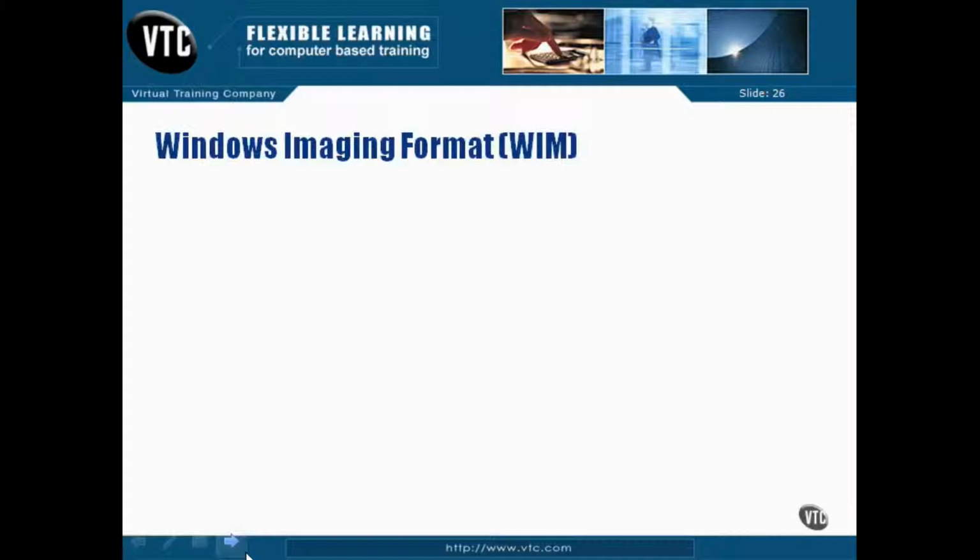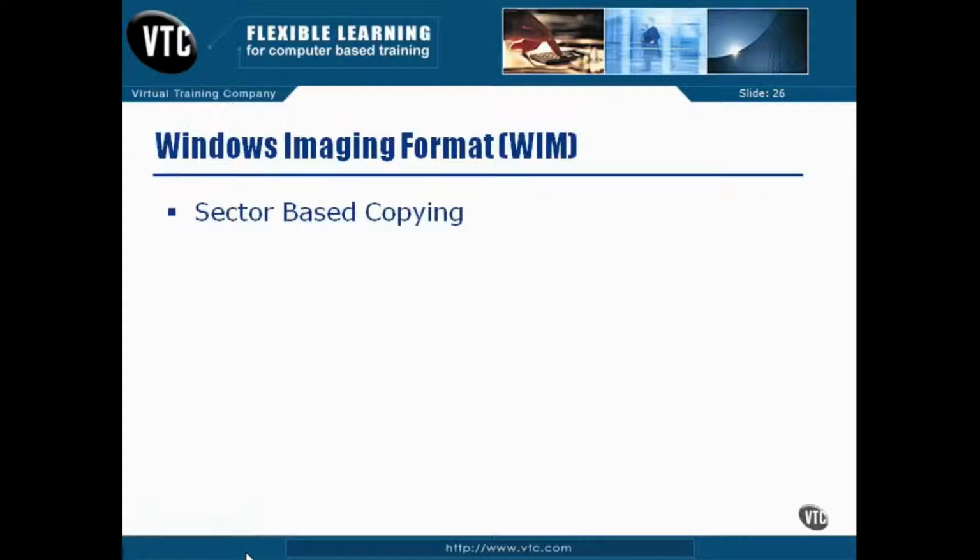Now, before we go too much further, I want to dig into this Windows imaging format because this thing is really, really huge. The Windows imaging format, again, it's basically ghosting, but this is sector-based copying. Now, what's really cool is with sector-based copying, we can do some really neat things with these images.